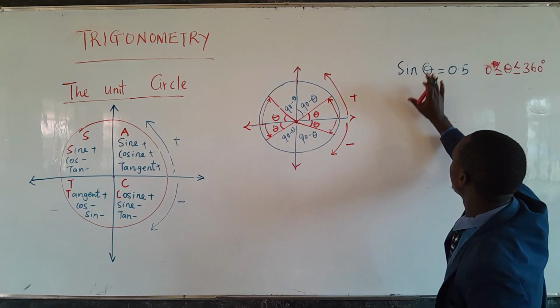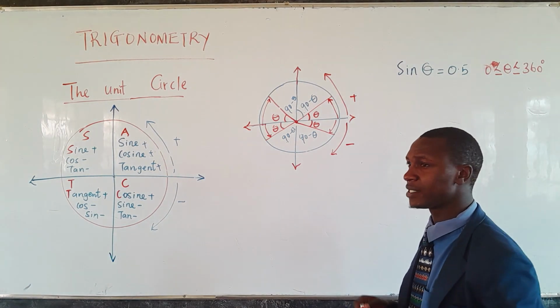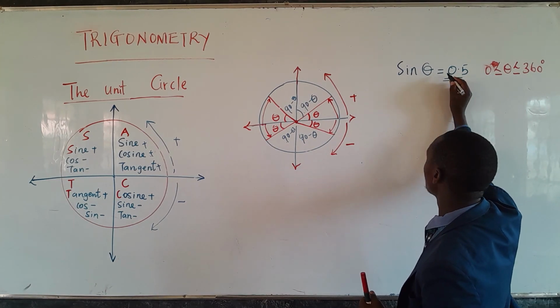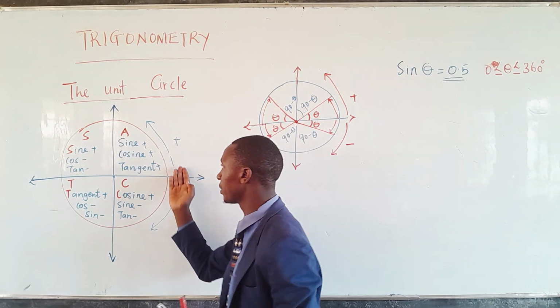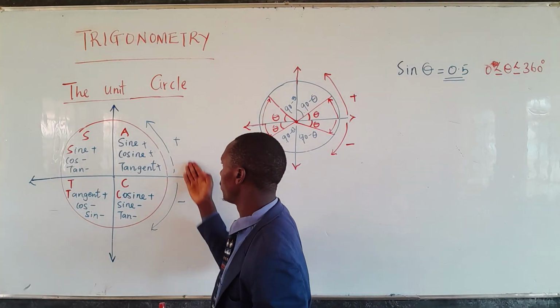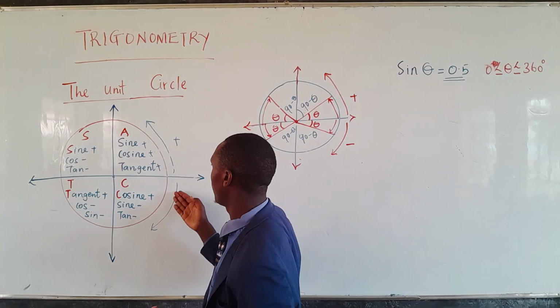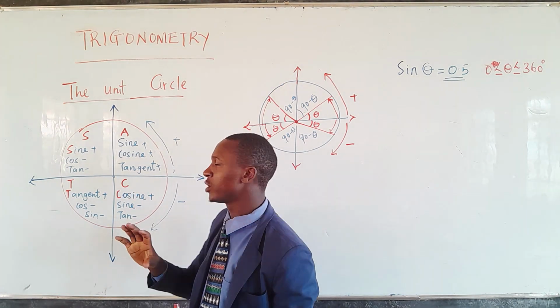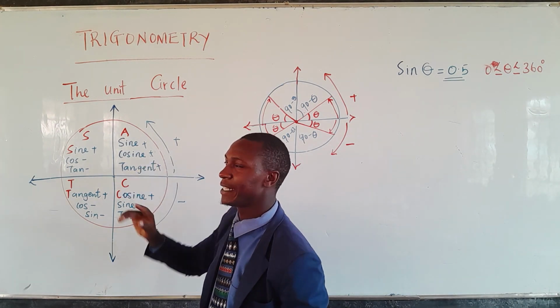So if you use this angle, then we are going to take the sine as positive, because you see the coefficient of this number right here is positive, and therefore as we move along with the unit circle, we are going to find those quadrants whose sign is positive.